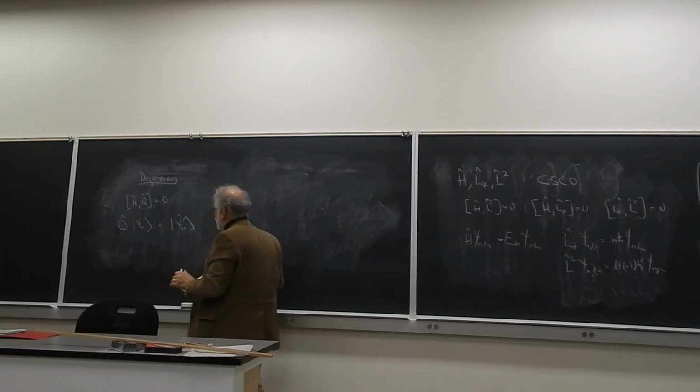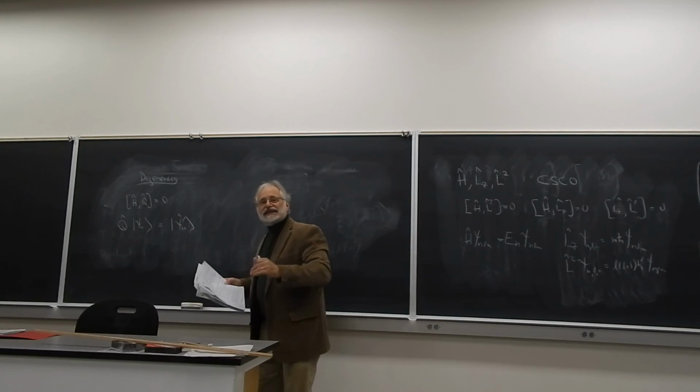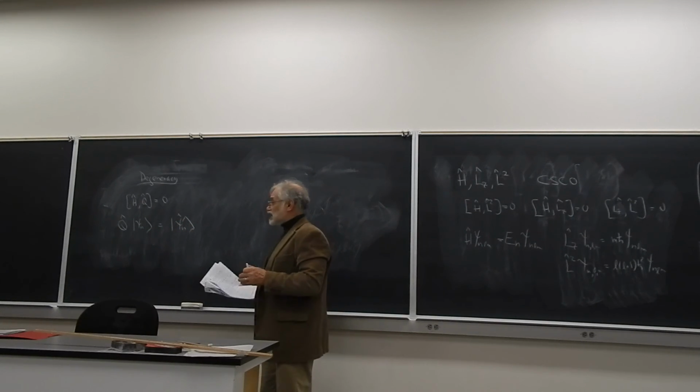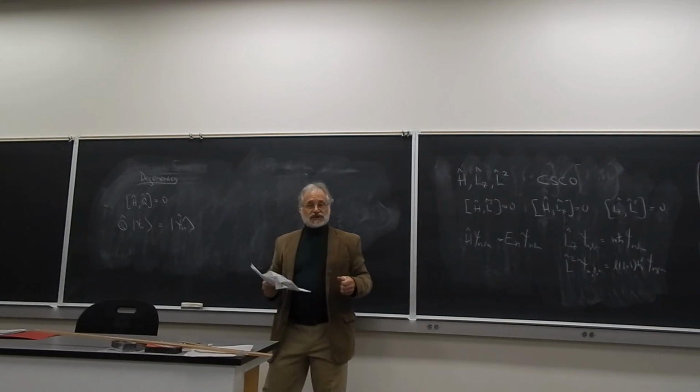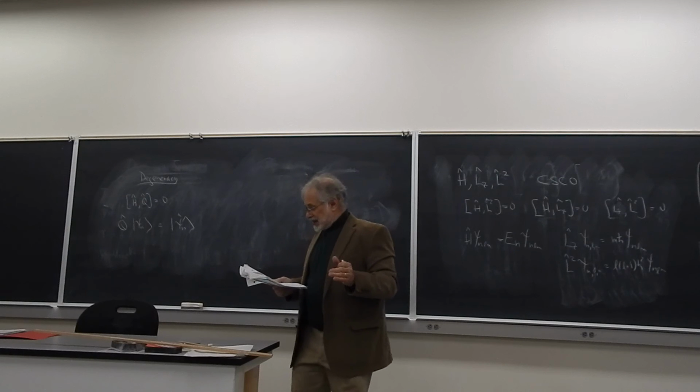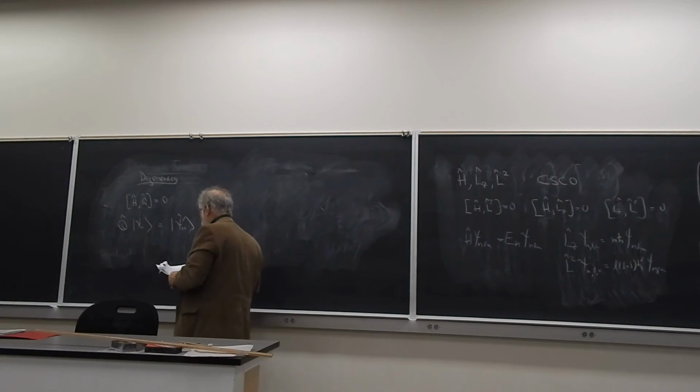That should also be a stationary state that has the same energy. So that would be a degenerate state: two different eigenstates with the same energy. Can we prove it? Sure. Watch.